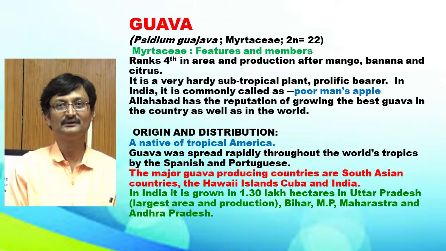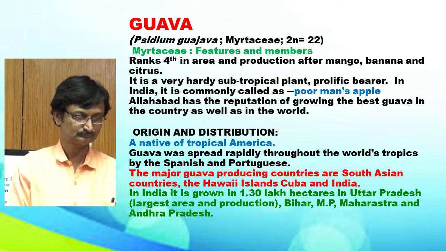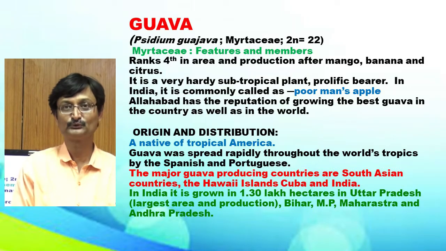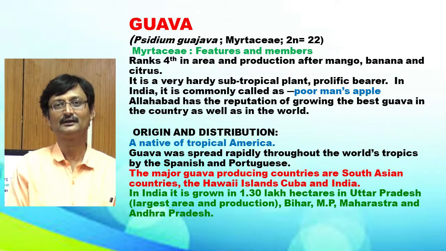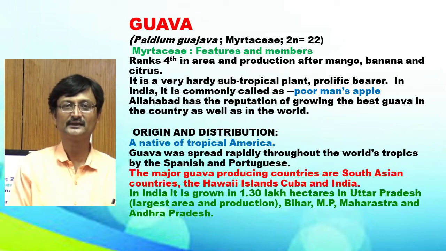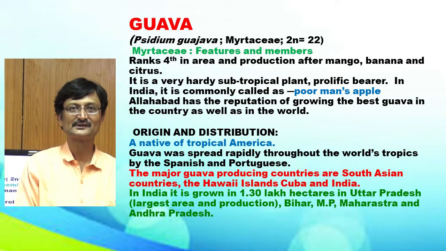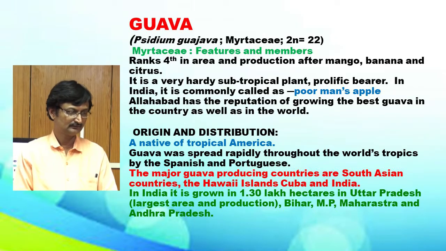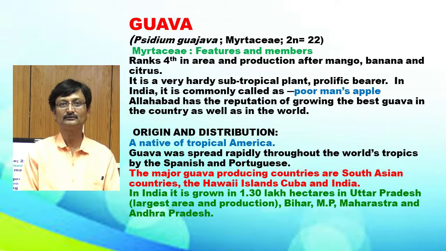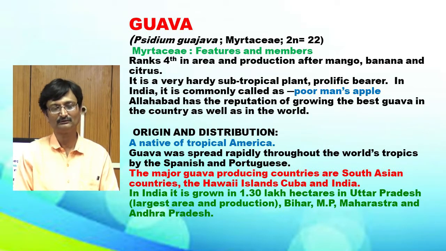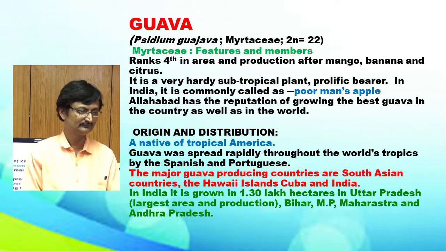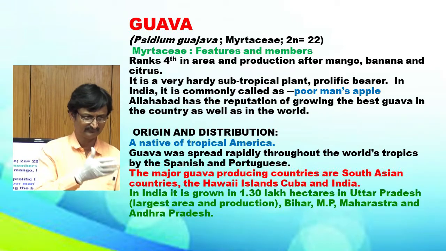Today we will go through the fruit crop guava under the Production Technology of Fruit and Plantation Crop course offered to 4th semester. Guava, it is botanically known as Psidium guajava. All must be acquainted with some introduction.